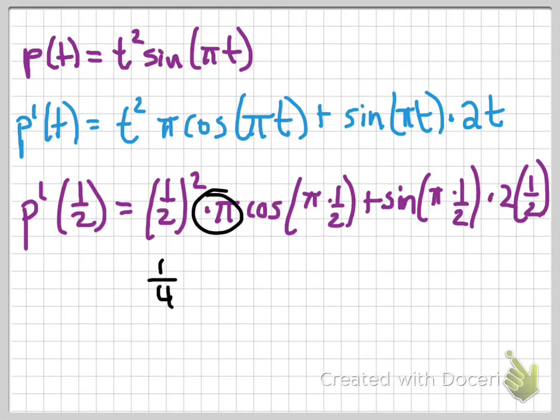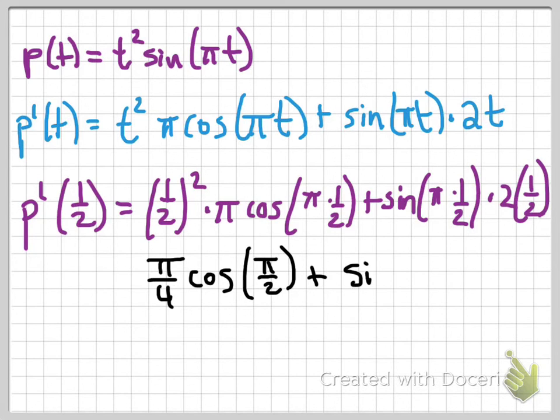And we've got this pi here, so pi over 4 times the cosine of pi times a half, so that'd be pi over 2. Plus sine of pi times a half, so that'd be sine of pi over 2. Times 2 times a half down here. Well, 2 times a half cancels to times 1, which goes away altogether.